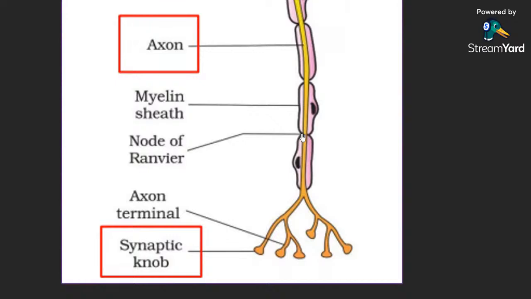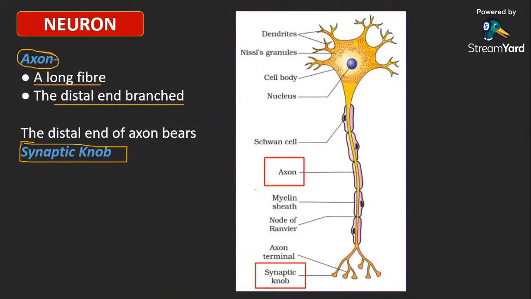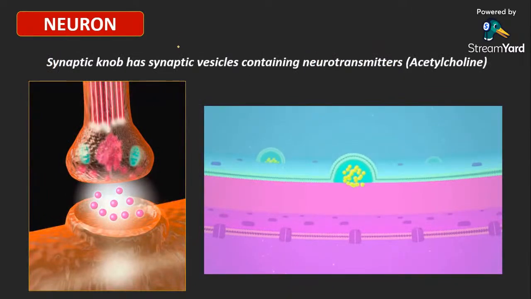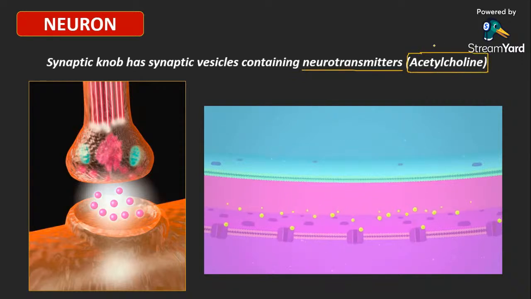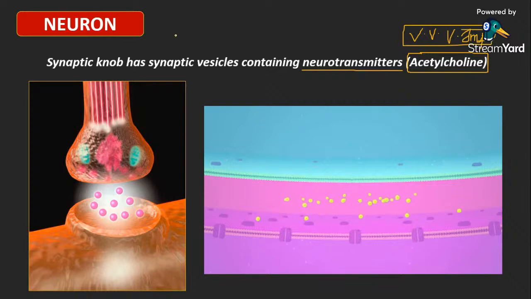You will have the nodes of Ranvier in between, and the axon terminals, and at the synapse, you will have the synaptic knob. The synaptic knob has synaptic vesicles containing neurotransmitter, and one example of a neurotransmitter is acetylcholine. Very, very important for beginners. So to name a neurotransmitter, you can name acetylcholine.